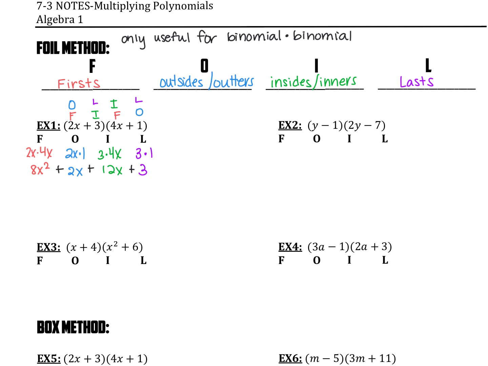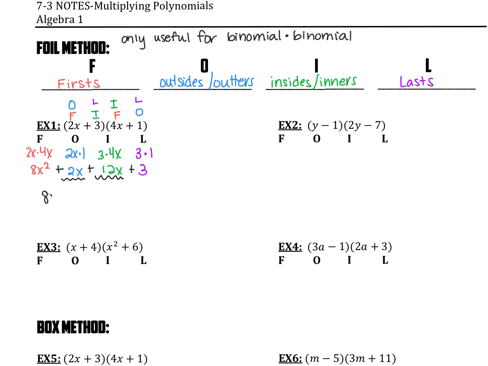And now my job is to look and see if I happen to have any like terms. Sometimes we get like terms with this, and sometimes we do not. So I'm going to look for any like terms, and I'm going to combine what like terms I have. And I can see here that I have a positive 2x and a positive 12x. Those are my like terms.